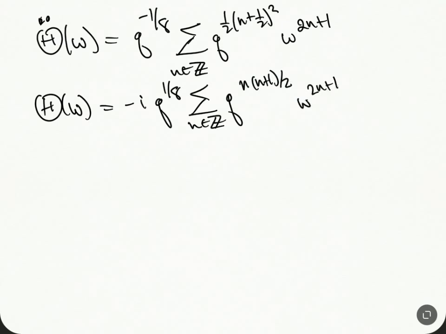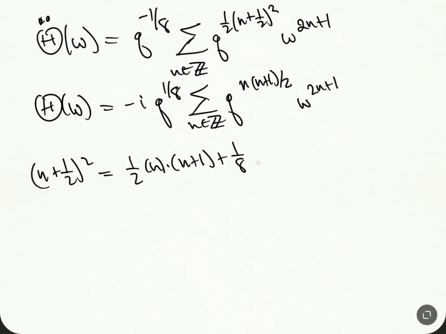It turns out that just by expanding this out, if you do n plus 1/2 squared, this becomes 1/2 n times n plus 1, plus 1/8.